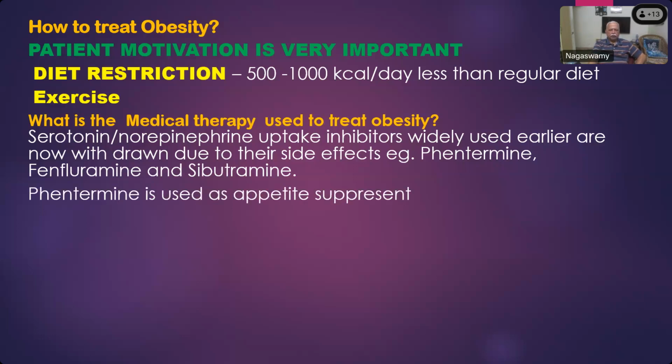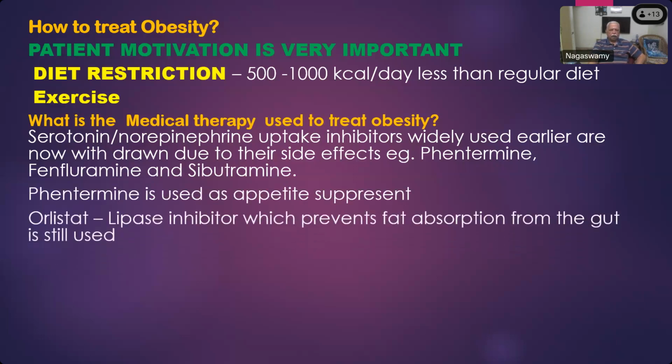Mainly they cause appetite suppression. So their mode of action is to suppress the appetite, so the patient will eat less, and calorie intake will come down. But orlistat is one drug which is still prescribed, and patients are allowed to take it, and this decreases fat absorption.